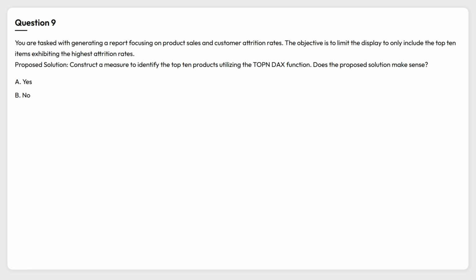Question number 9. You are tasked with generating a report focusing on product sales and customer attrition rates. The objective is to limit the display to only include the top 10 items exhibiting the highest attrition rates.